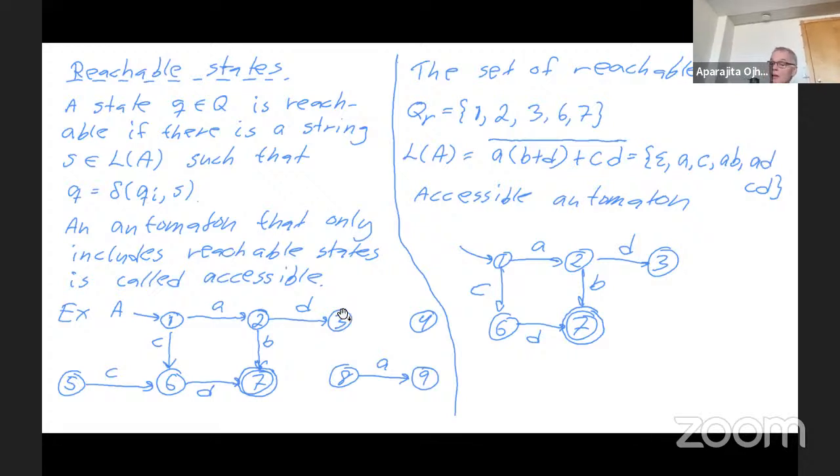So you could say that the language of an automaton generates in some sense all the reachable states. This means also that the accessible automaton only includes those reachable states. So it's this automaton, which is the accessible one.